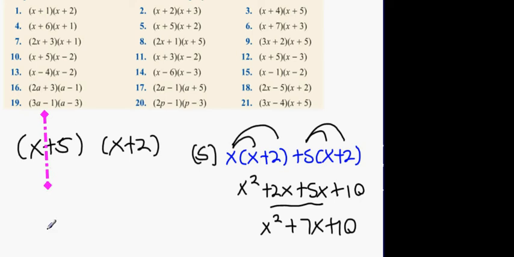The first half of the first bracket is X. You multiply the first half of the first bracket by the second bracket, so it's X multiplied by X plus 2. Can everybody remember that? Split the first bracket in half, multiply each half by X plus 2.